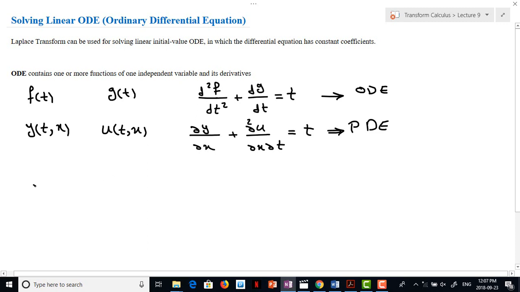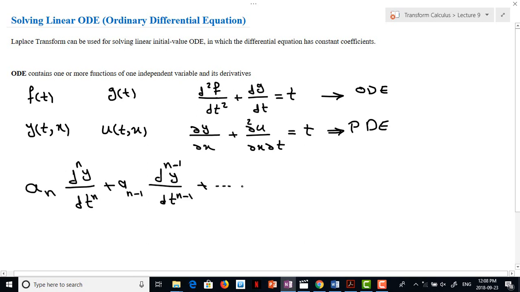In fact, we can use Laplace transform to solve an equation like this: a_n times the nth derivative of y with respect to, for example, t, plus a_(n-1) times the (n-1)th derivative of y with respect to t, and so on, plus a_0 times y, equal to a function like g(t). We can solve these ordinary differential equations.